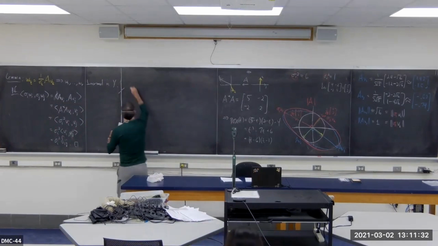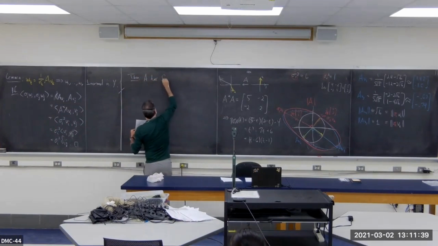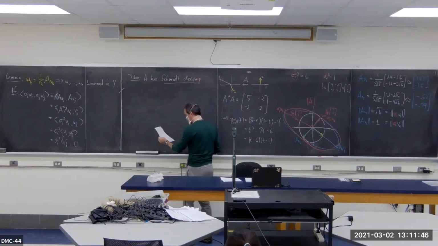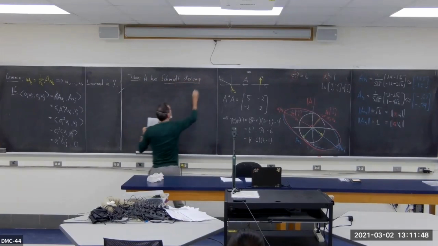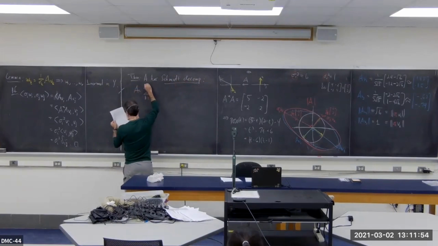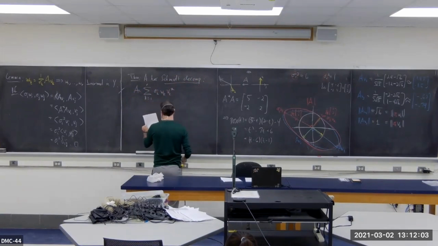So then we see a theorem. A has what's called a Schmidt decomposition. That's going to be A is equal to a sum from k equals 1 to r, sigma k, w k, v k star.